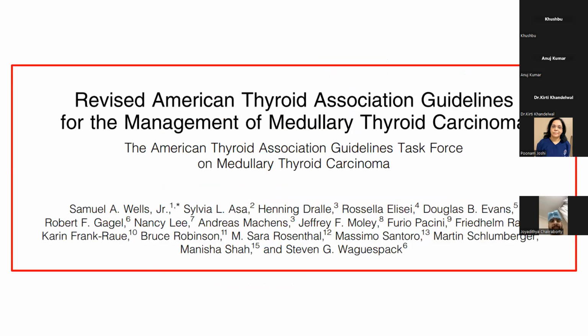So that was about the anaplastic thyroid cancers. Then coming to the last part, the role of EBRT in medullary thyroid cancers. These are the 2015 revised ATA guidelines in MTCs.